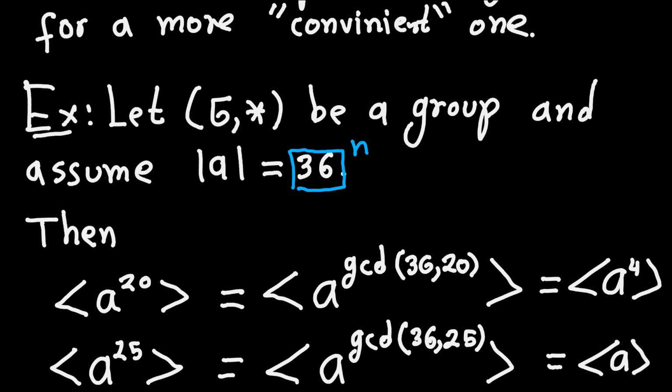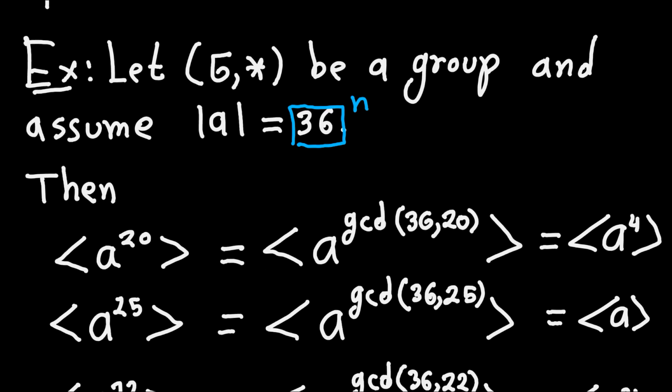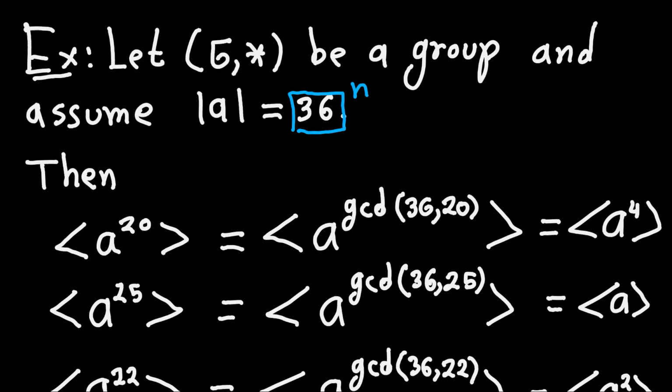So let's say you have a group and an element of order 36. And let's also say you want to have a more convenient generator for a to the 20th. In this case, n would be 36, and this 20 is the k that we are referring to in the theorems.